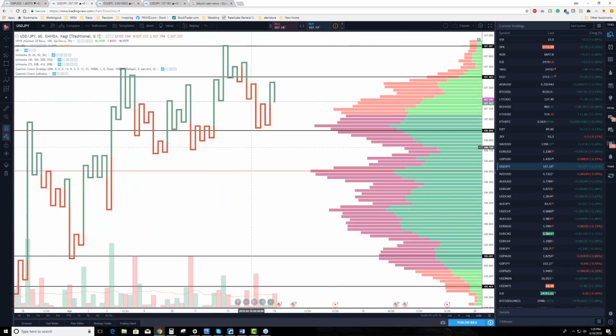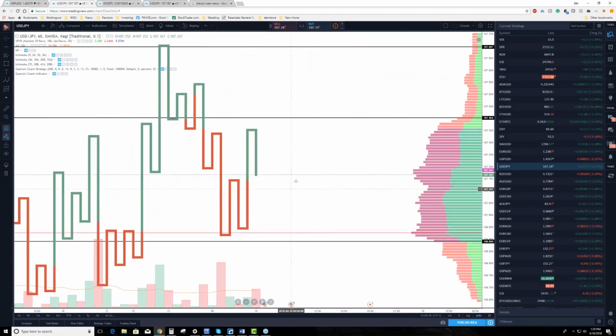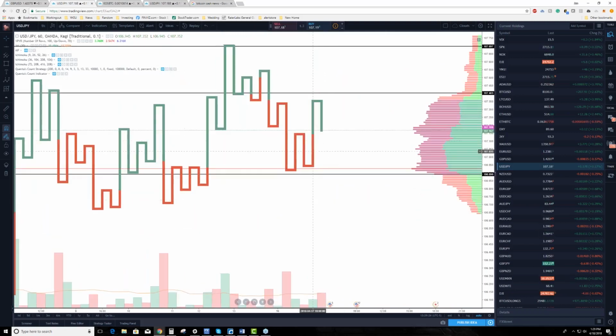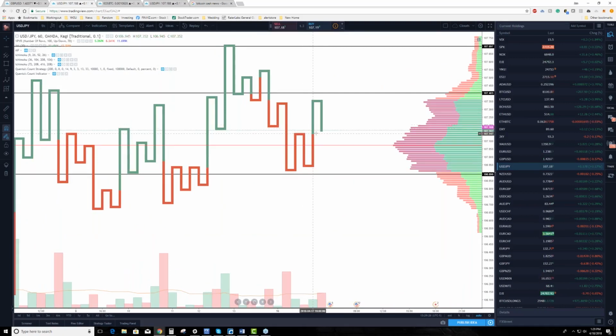So if you look, this is like the yin and the yang, shoulders, waists. If you look at this here, we have a bullish buying signal, and it won't change red until we cross below this shoulder here.